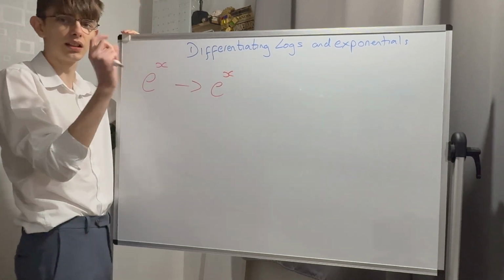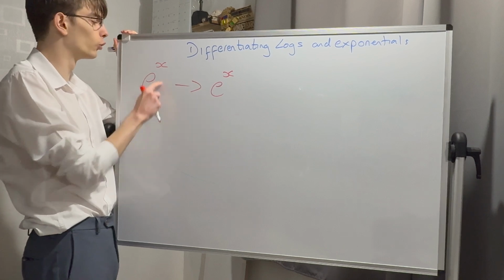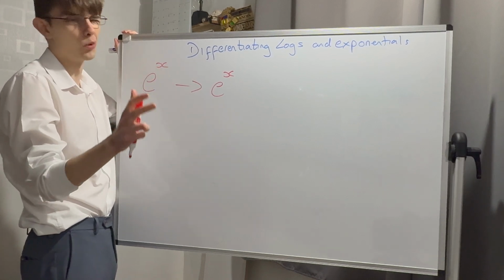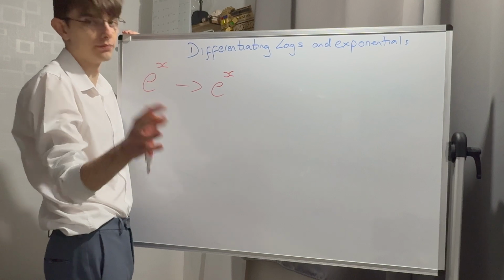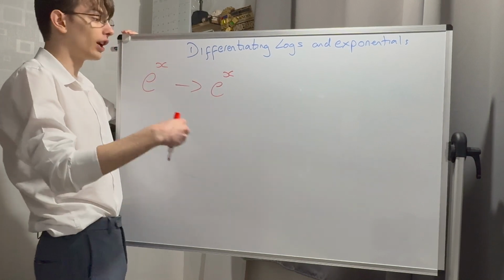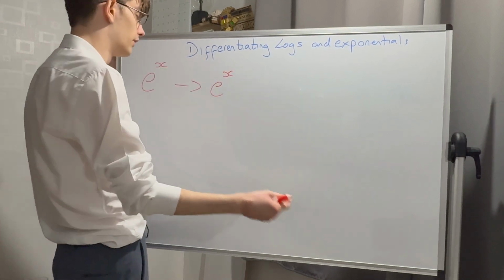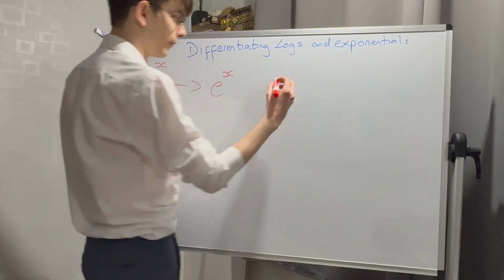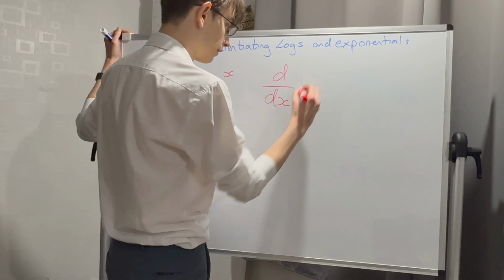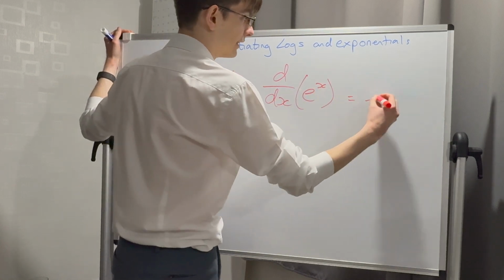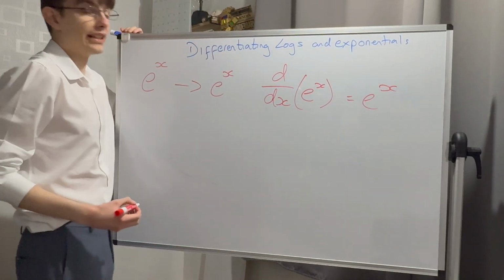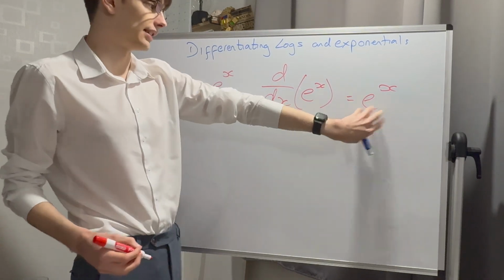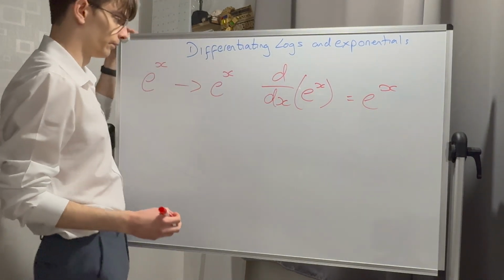This is a lovely little trick with this function, and it's the whole reason the number e came about, more or less. I know I'll get a "well actually," but a nice way of visualizing it, as I did in my video, was that it is a function that differentiates into itself. So d dx of e to the x is e to the x. That is something we should remember, a very nice little trick that will come in very useful.